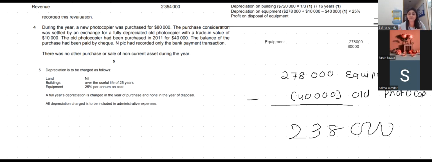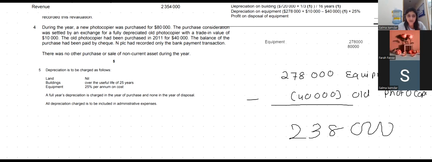Or with a trade-in value of 10,000. That means when they did this exchange, they have also paid. They have given the old photocopier and they have paid 10,000. Are you with me?